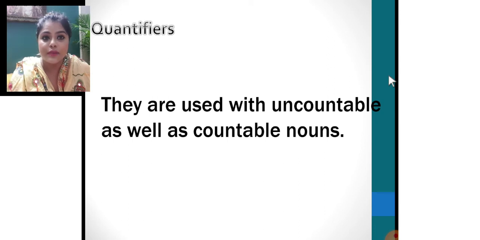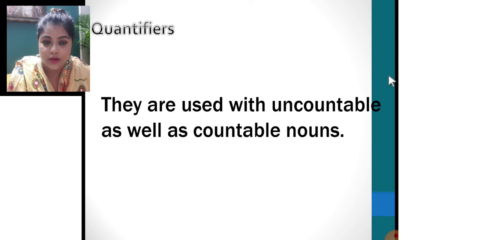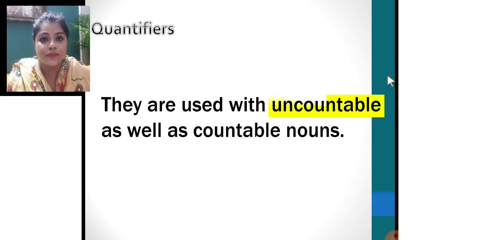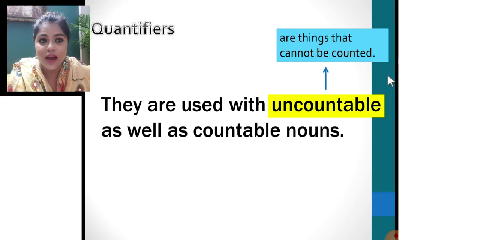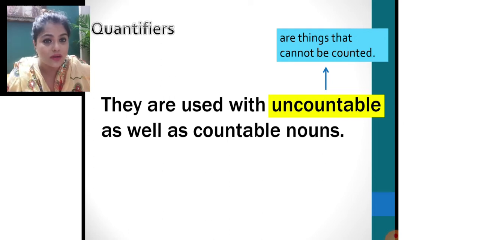Now, uncountable and countable you have already done in your grammar. Now we will revise what is uncountable. Uncountable are things that cannot be counted. So the things which we cannot count, like we cannot count milk, water, salt, sugar.